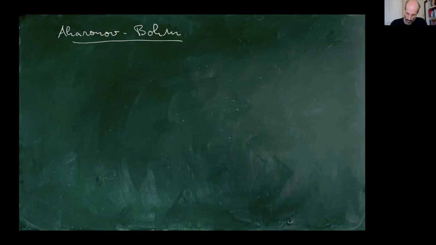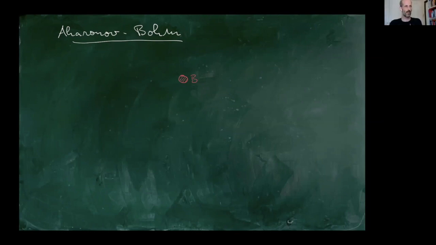But now think of the following situation. You have a region where you have some non-zero magnetic field, but you make the setup in such a way that this is really localized. Think of this three-dimensional space as looking from above, and the lines of your magnetic field go perpendicular to the plane of the board.